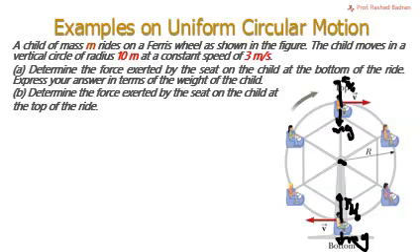So you are asked to determine the force exerted by the seat on the child. At the bottom here, you are asked to find this, and also you are asked to find the normal force at the top, because they are two different. They have two different magnitudes.